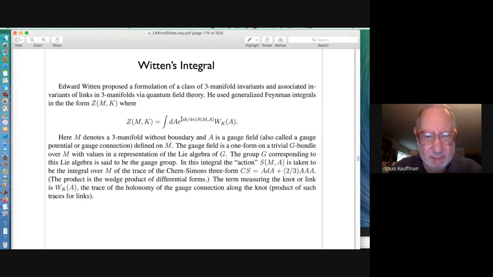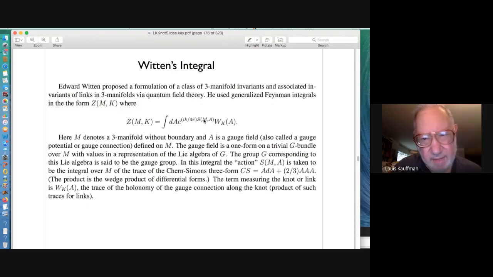Anyway, here's the Witten integral, and I want to show you a little bit about its nuts and bolts. I've just repeated what I said before. There is an exponentiated Lagrangian, which I've written as S of M, A. M would be a three-manifold, but it might as well be ordinary three-dimensional space. And W_K is the Wilson loop.